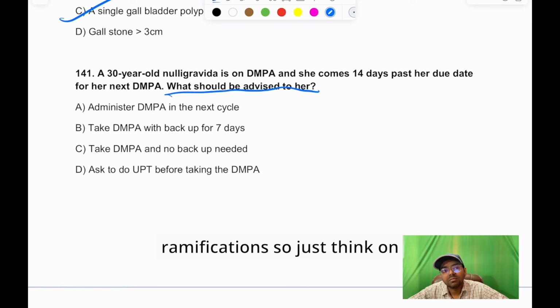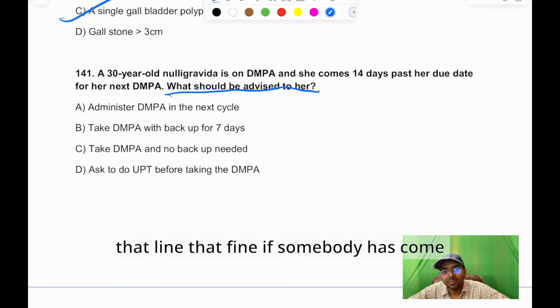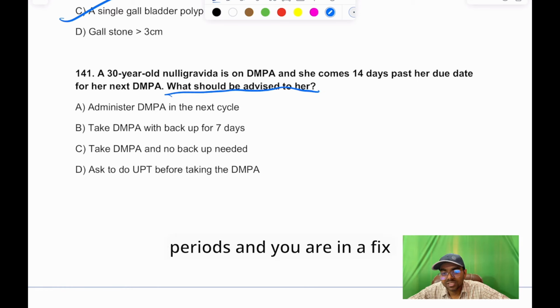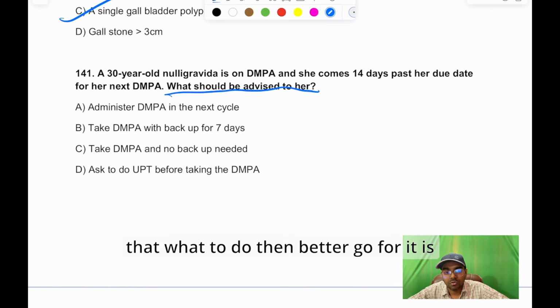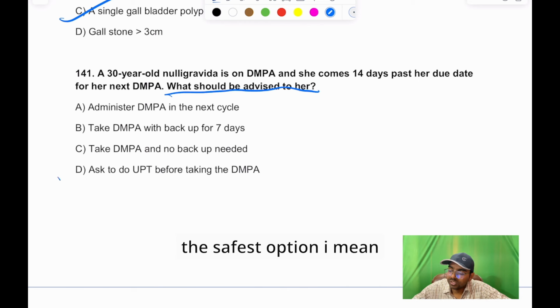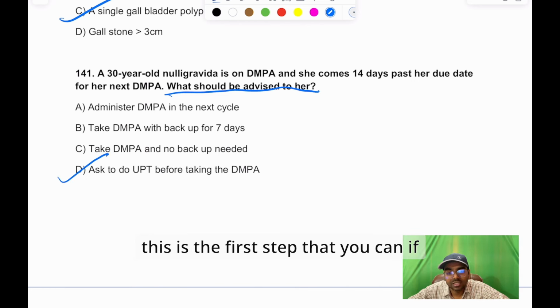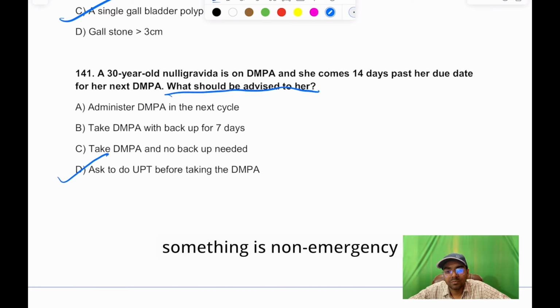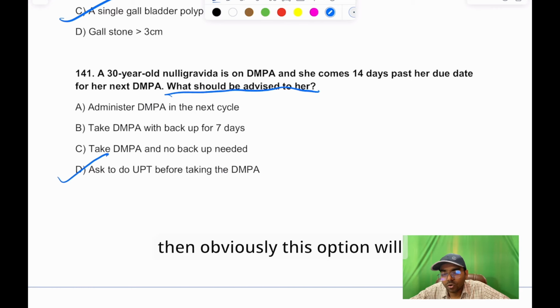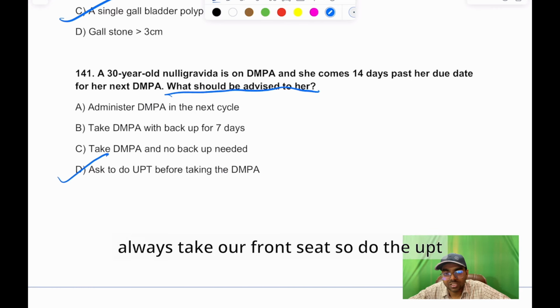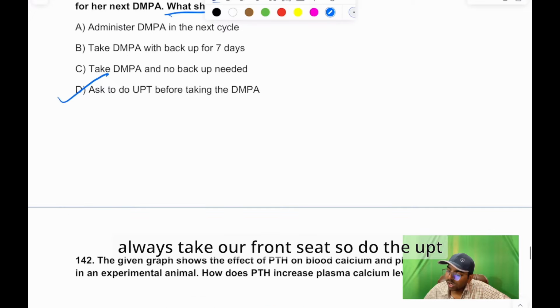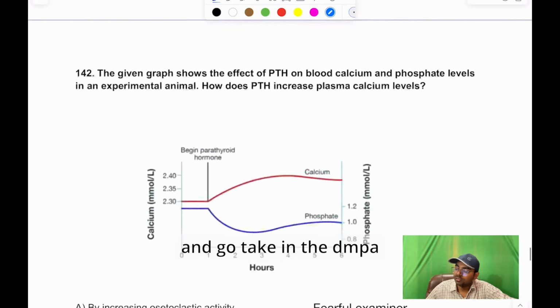So just think on that line: if somebody has come and she has missed her periods and you are in a fix about what to do, then it is the safest option. If something is non-emergency, then obviously this option will always take a front seat. So do the UPT before giving the DMPA.